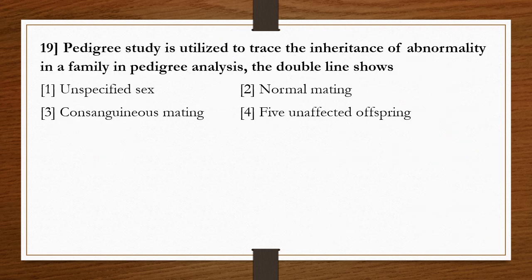Question number 19. Pedigree study is utilized to trace the inheritance of abnormality in a family. In pedigree analysis symbols, the double line shows: option 1, unspecified sex; 2, normal mating; 3, consanguineous mating; 4, and 5, unaffected offsprings.